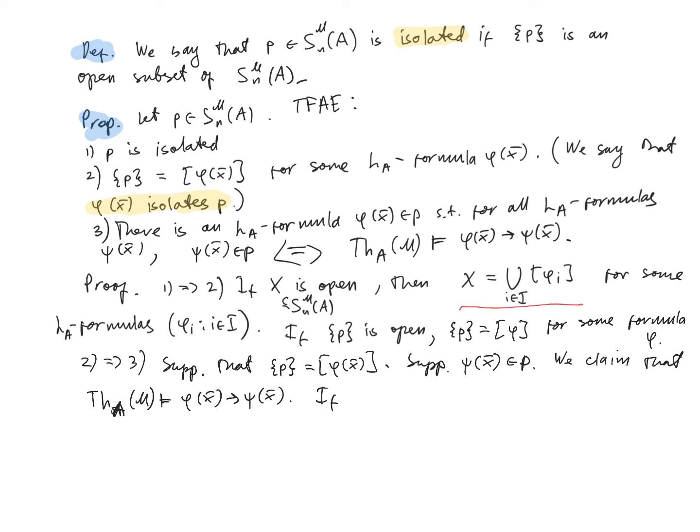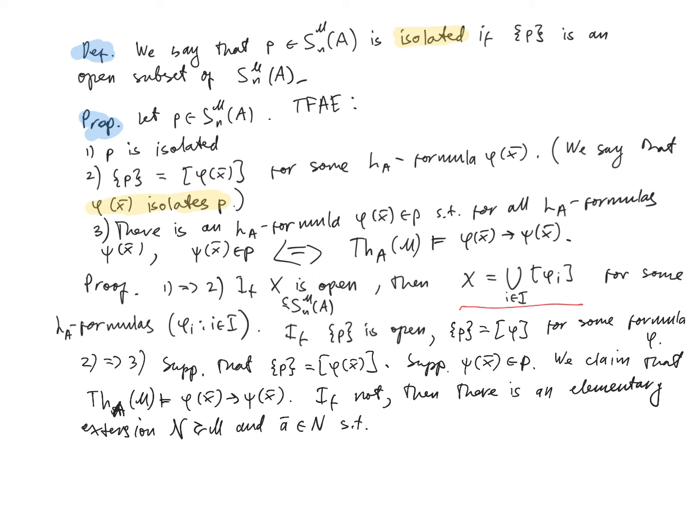So assume, towards contradiction, that there is an elementary extension N of M and a tuple a bar from N of length corresponding to the length of the tuple of variables x bar, such that in N the implication is not satisfied.